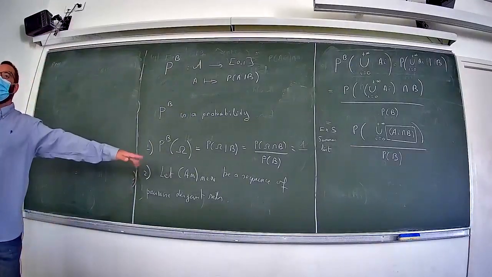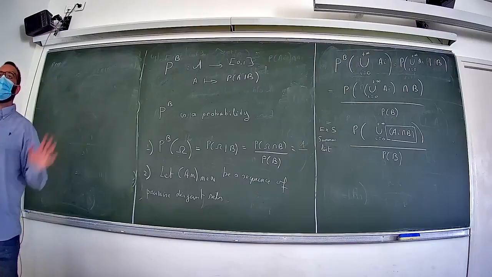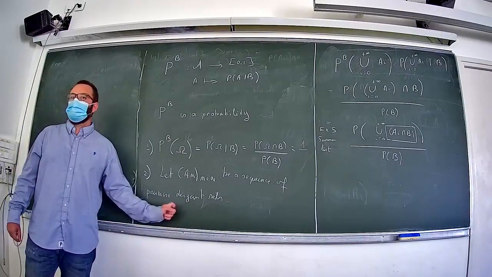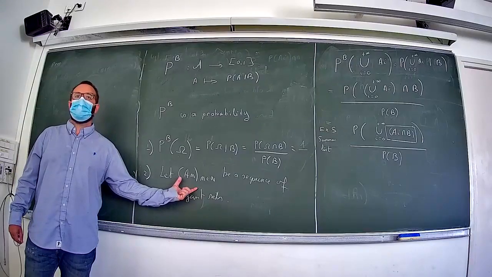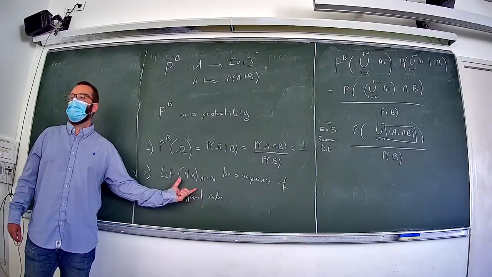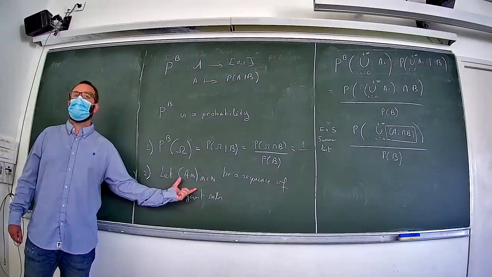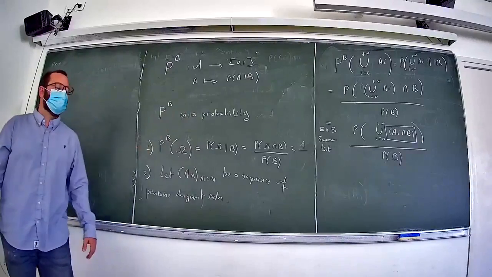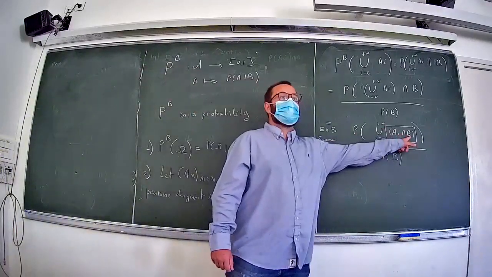I start with a sequence that is not an arbitrary sequence. Here, I have a sequence of pairwise disjoint sets. If you have pairwise disjoint sets, meaning that they have an empty intersection two by two, it's the last line of the slide here. But what happens if I do the intersection with a fixed set?